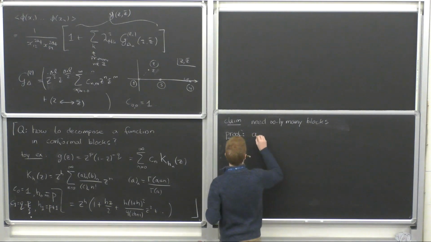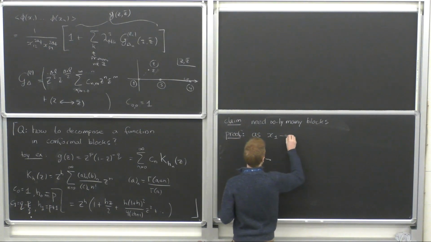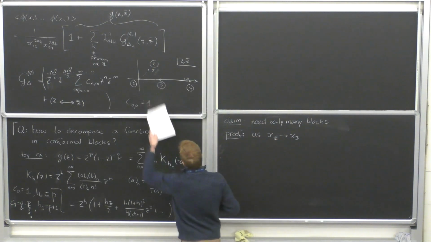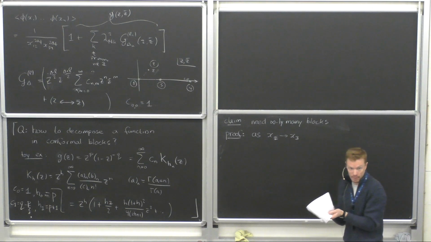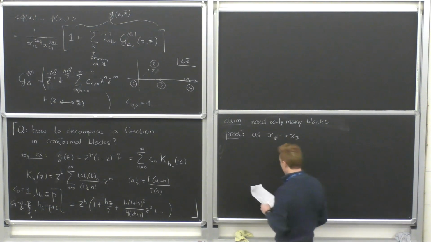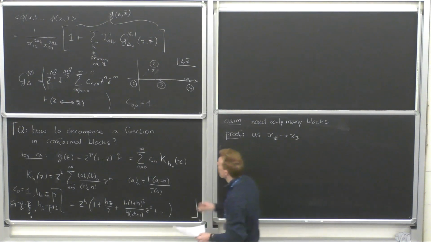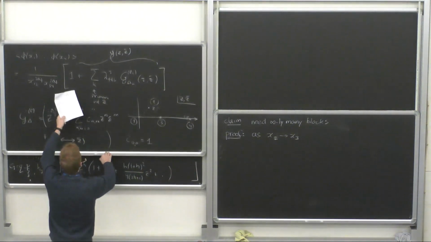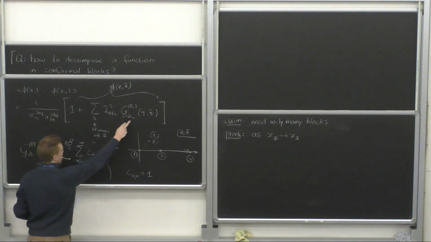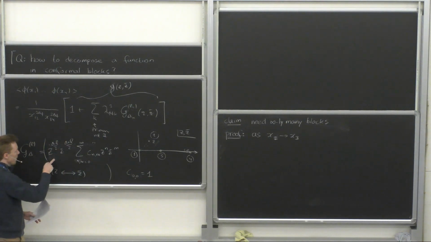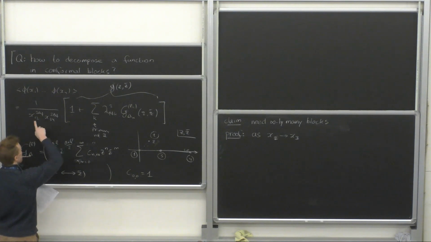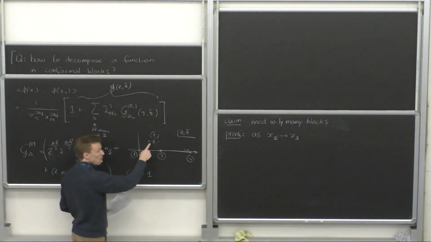The proof is very simple, because as x1 goes to x3, x2 goes to x3. We're taking the z to 1 limit. What determines that behavior is the operator product expansion between 2 and 3. As z1 goes to z2, the leading term is just this 1, because these guys are all suppressed by these extra factors. So the leading term is just the identity in the OPE between 1 and 2.